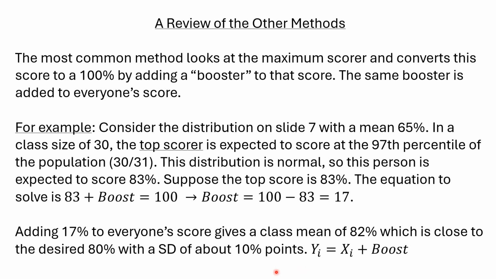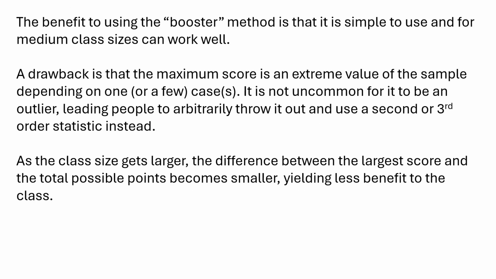Lastly, I just want to point out that for all of the adjusted scores, the yi's, you just take the original score and add the boost, the same constant. So that's how that's done. The benefit to using the booster method is that it is simple to use and for medium class sizes can work well.